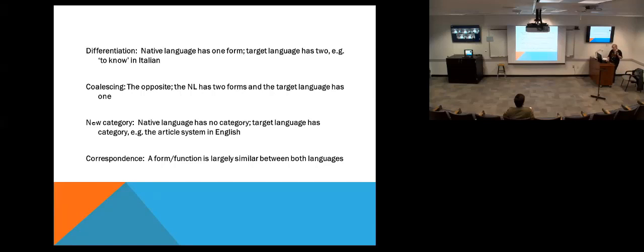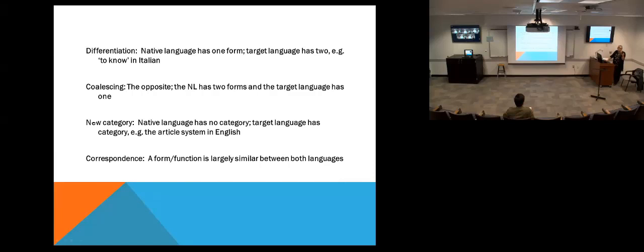Okay. Then the third one, which is in some ways considered to be the most tricky, is a new category, right? So the native language has no category that matches this, and the target language has a category. In this case, the article system in English, and for example, a language that doesn't have an article system.